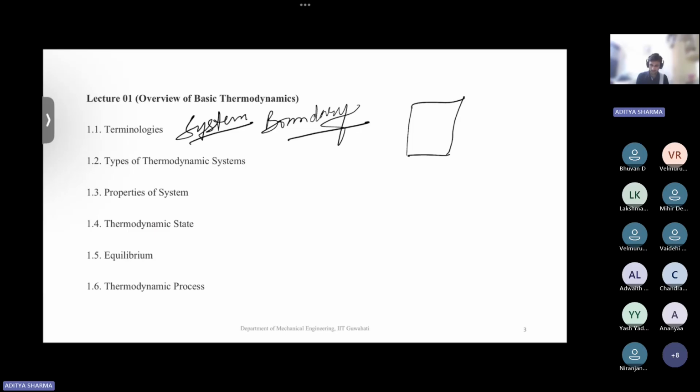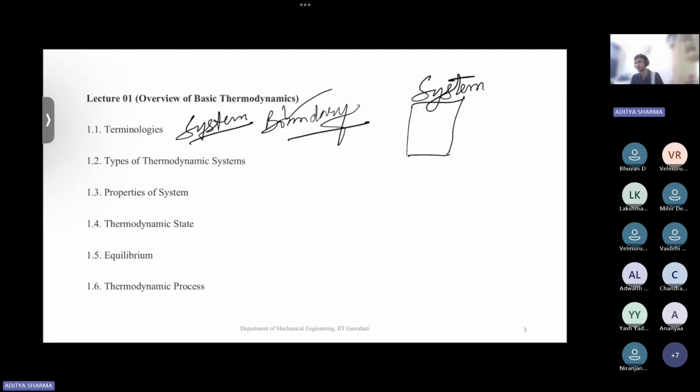The region we choose to study for our thermodynamic analysis is basically the system. Anything else other than that comes under the surrounding. And what is created between a system and surrounding, we call it the boundary. That is how we separate a system from the surrounding.